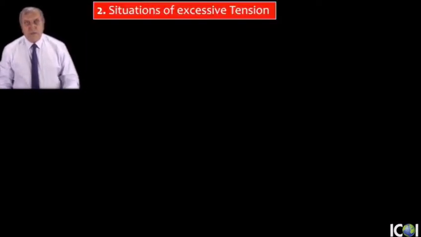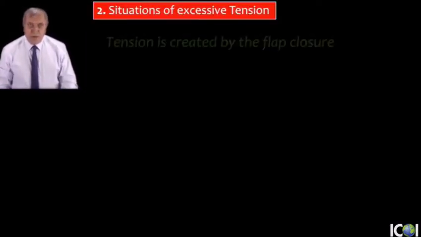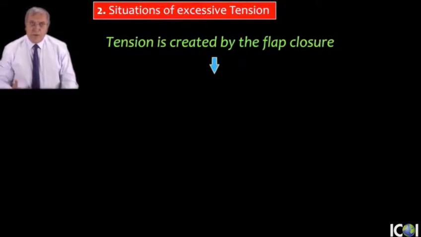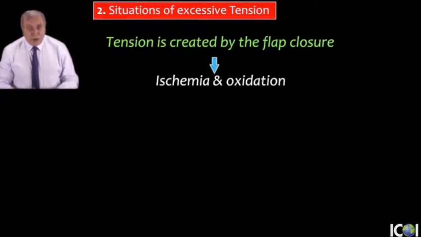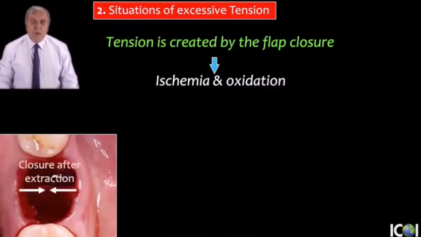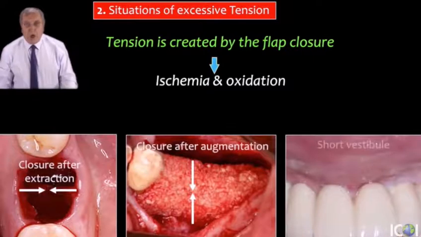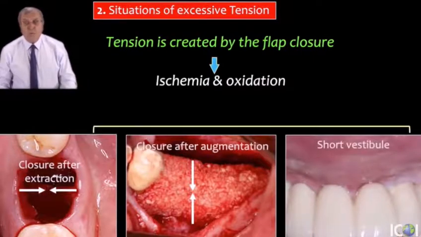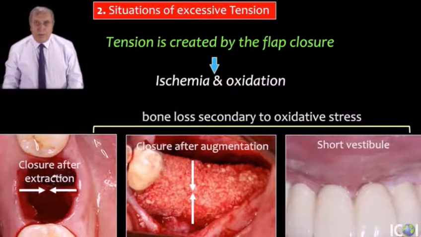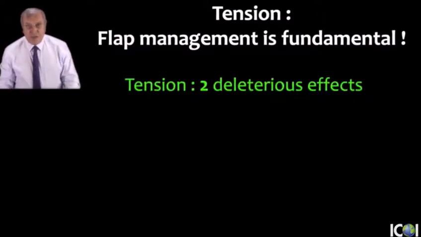The situations of excessive tension, we know them. We know that the tension is created by the flap closure, and then we induce oxidative stress, when we close after extraction, when we close after augmentation, or when we have a short vestibule. For sure, flap management is fundamental, and we have two deleterious effects from the tension.